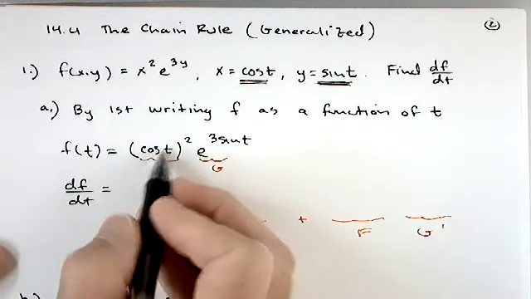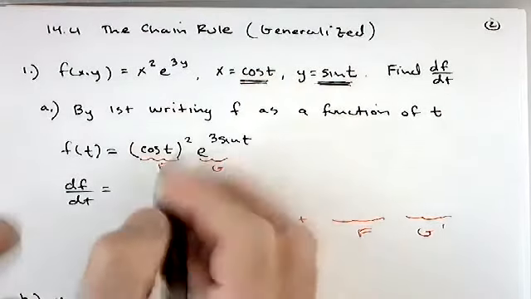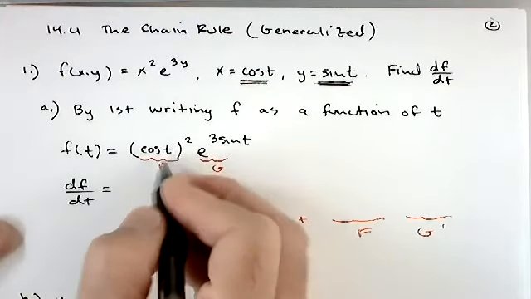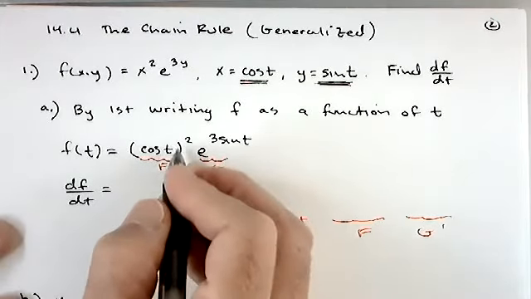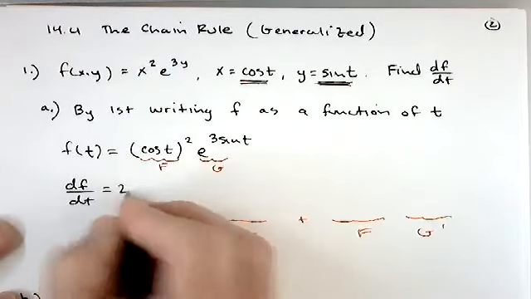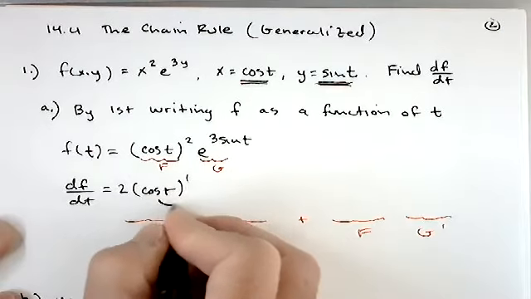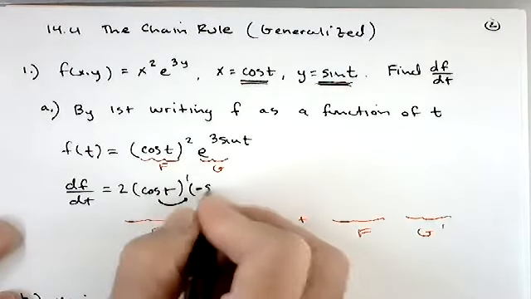All right, so the derivative. So we are using the chain rule, but not in the way that we're really going to be focusing on in this section. Obviously, we are using the chain rule, though. So stuff squared, 2 stuff to the first times the derivative of the inside, which is negative sine t.